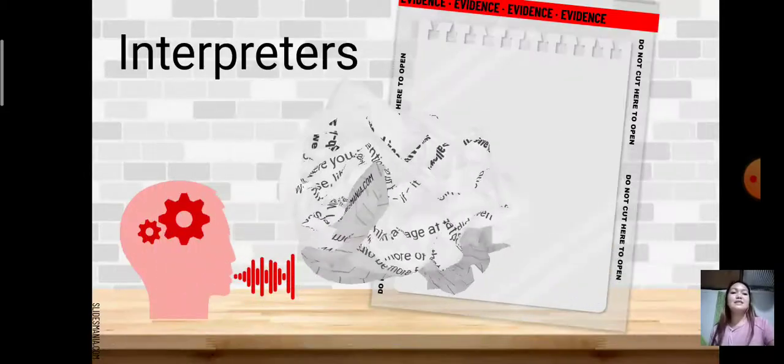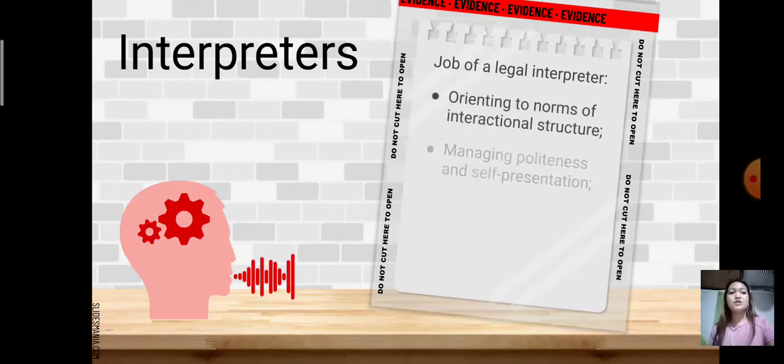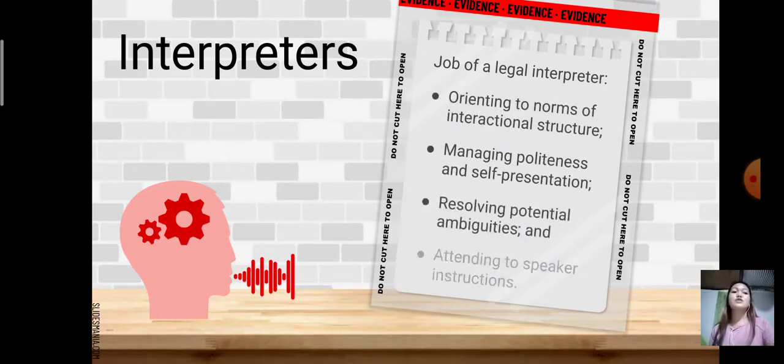So next is interpreters. Interpreters are also part of the courtroom hearings, especially when the witness is from a different nation speaking different languages. So interpreters are used, but these interpreters must be legal interpreters. The job of a legal interpreter is to orient the norms of interactional structure.